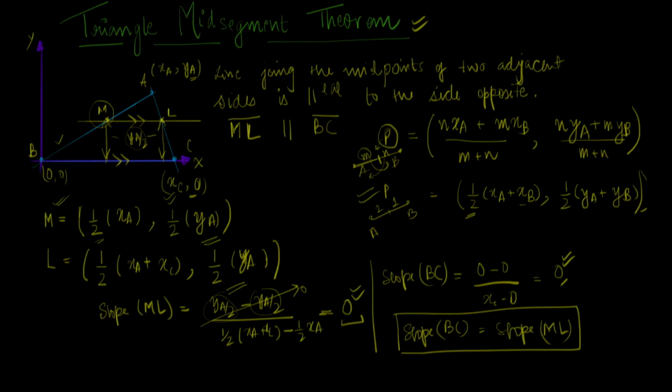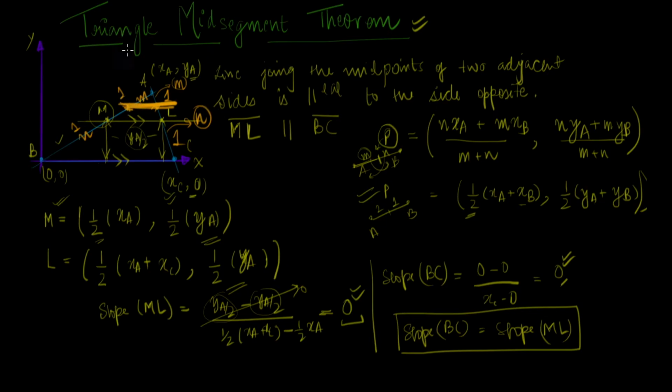A more interesting approach to this problem is by considering a more random ratio in which a point divides. Now here, M and L divide the sides in the ratio 1:1, like so. If we choose 2 points which divide the adjacent sides in some ratio, m:n, and here as well m:n, even then the line that you draw passing through those points, which divides both the adjacent line segments in the same ratio, should be parallel to the base, or the side which is opposite to the one through which you've drawn the lines.